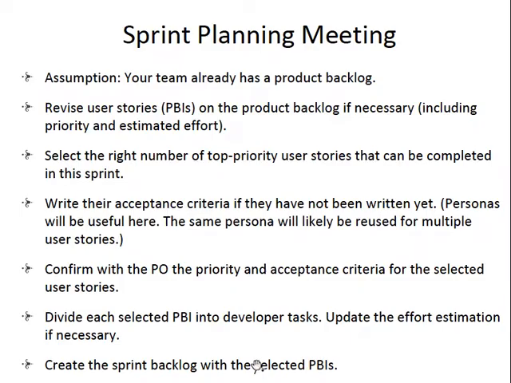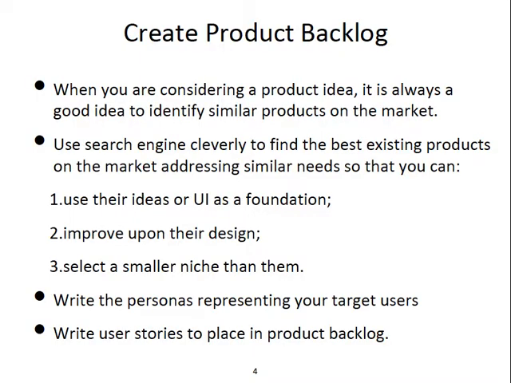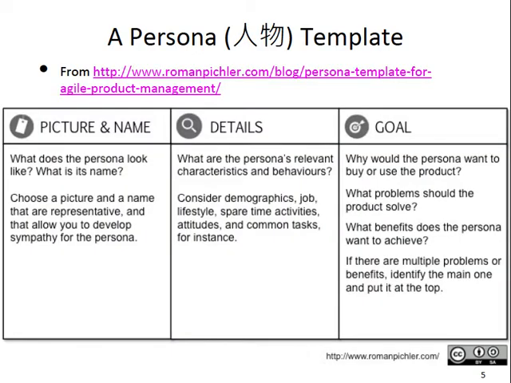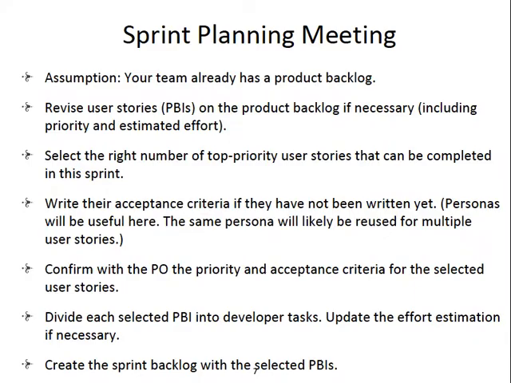Okay, we just created Peter. Okay, so that was in the product backlog creation part. Next, we want to hold the sprint planning meeting. Before each sprint, we assume there should be a product backlog already.